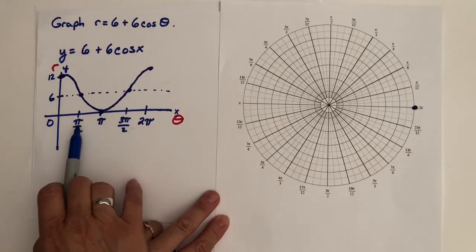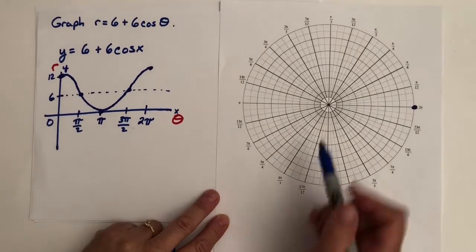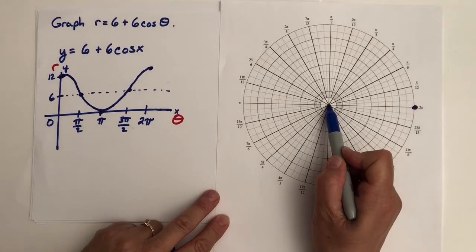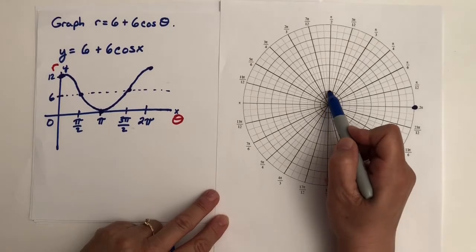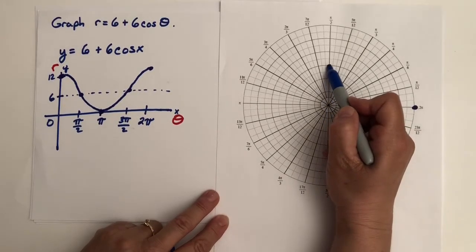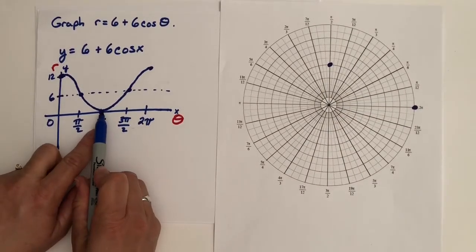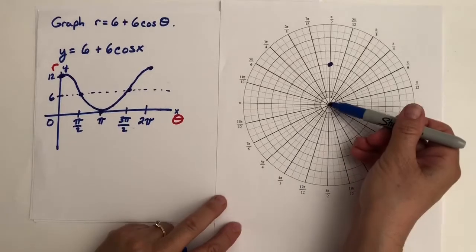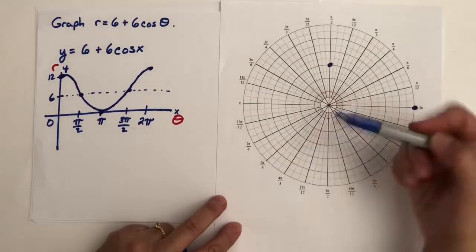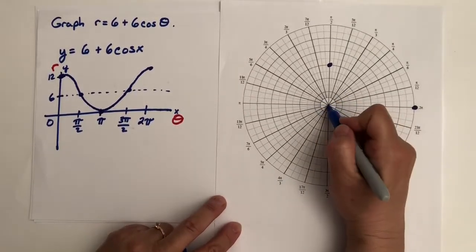At pi over 2, our r value is 6, 2, 4, 6. At pi, our r value is 0. So I'm looking this direction, but I don't go out at all.